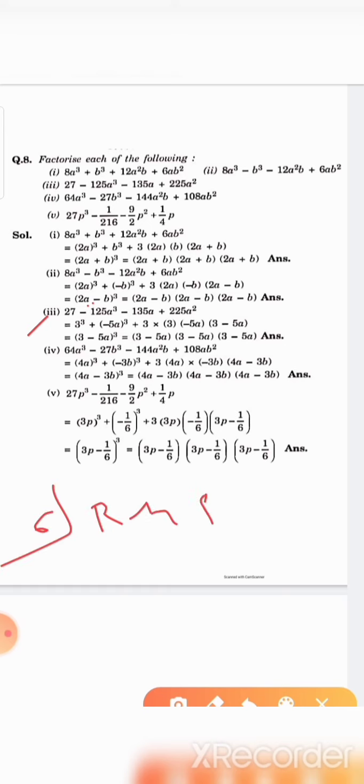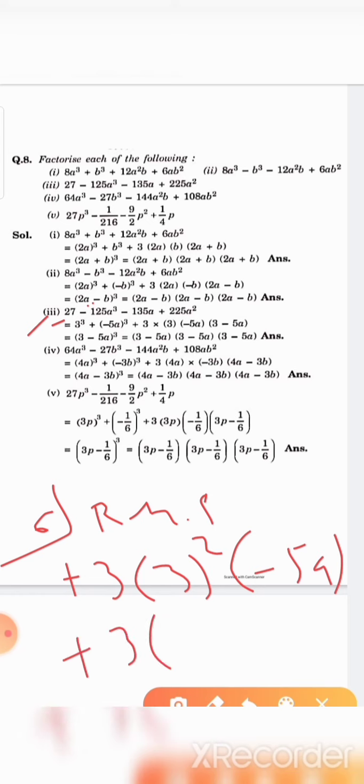Here 27 means 3 whole cube, plus 125 is the whole cube of 5, and it is negative, so we write minus 5a whole cube. Next we write plus 3 into a, where a means 3 square and b means minus 5, and then plus 3 into a, where a means 3 and b means minus 5 square.